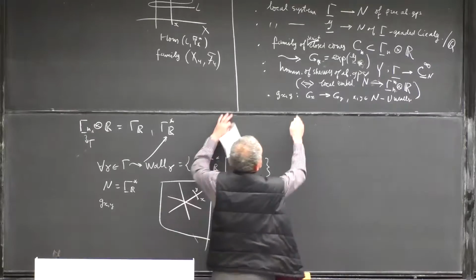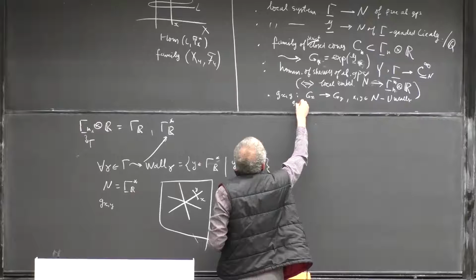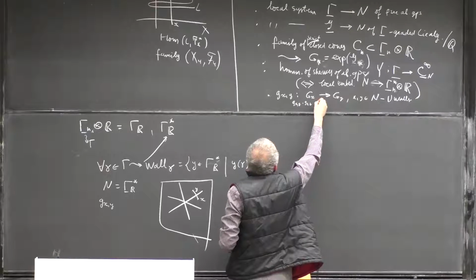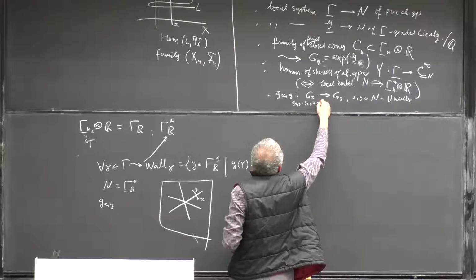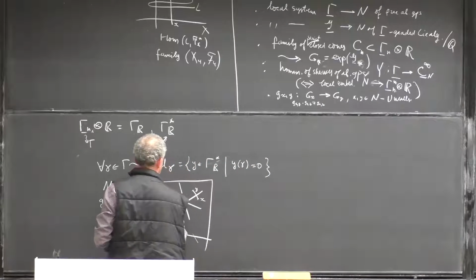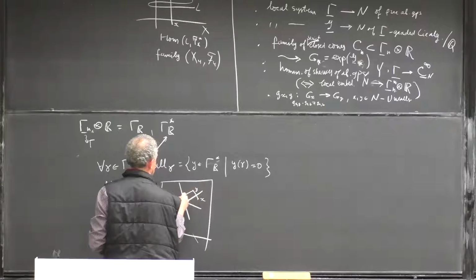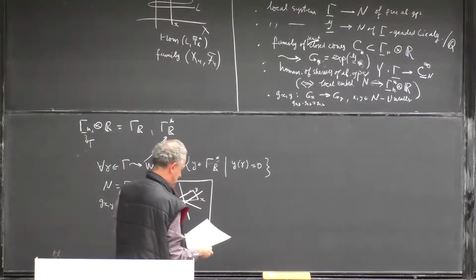These elements should satisfy the cocycle condition: if we have three points, then g_xy times g_yz should be equal to g_xz.